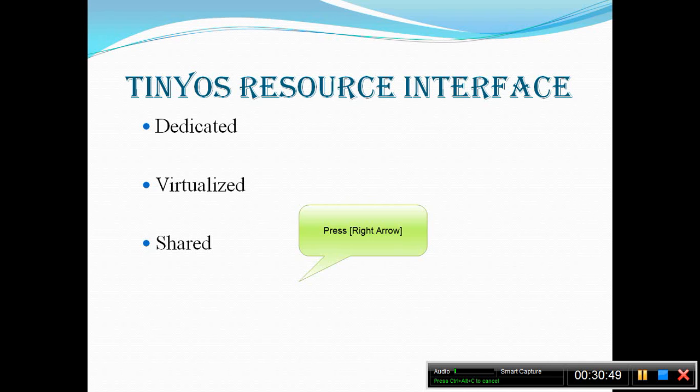And the next resource is the shared resource. The shared resource abstraction provides access to a dedicated resource through an arbiter component. The arbiter enforces mutual exclusion, allowing only one user, that is the client, at a time to have access to a resource and enabling the client to lock.